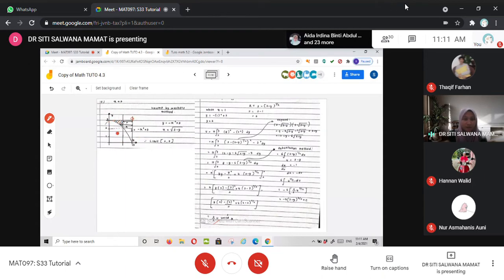So by washer method, firstly you tengok kalau this is the line of revolution which is parallel to y axis. Okay, then you tulis lah you punya strip nanti dia perpendicular to line of revolution. So strip you kat sini lah, which is the thickness is dy. So you tengok kat situ.